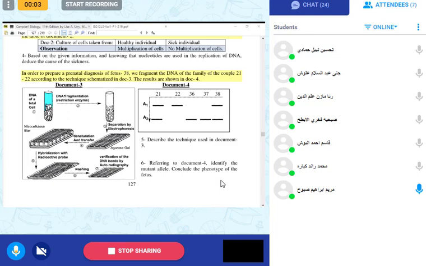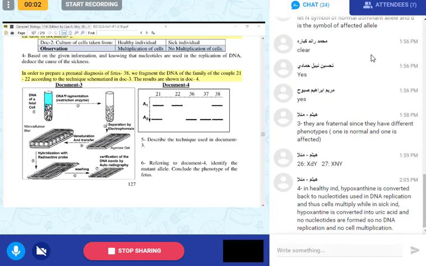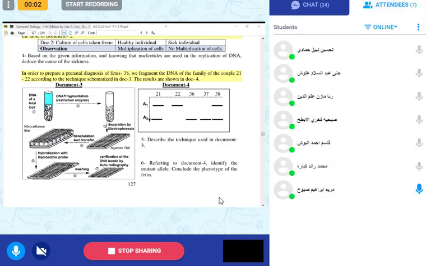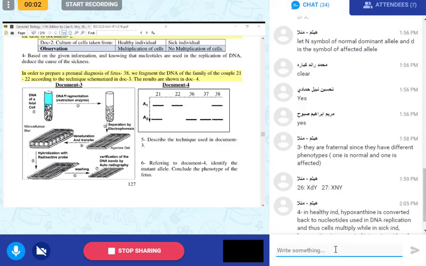Identify the mutant allele, whether A1 or A2 is the mutant, and conclude the phenotype of the fetus. So what do you think? Which is affected, A1 or A2? It says A1.